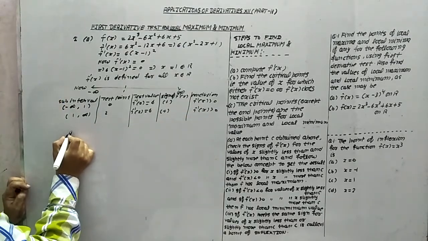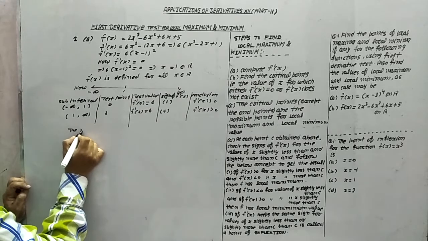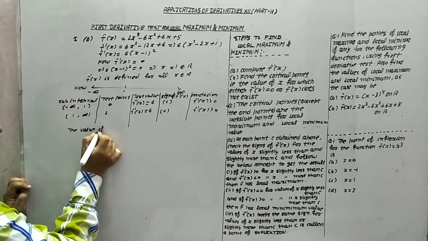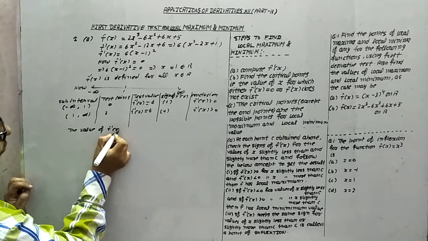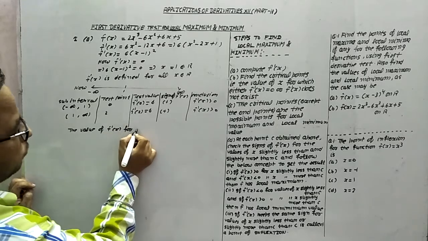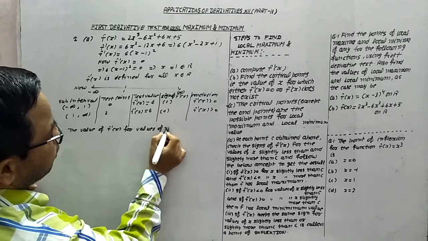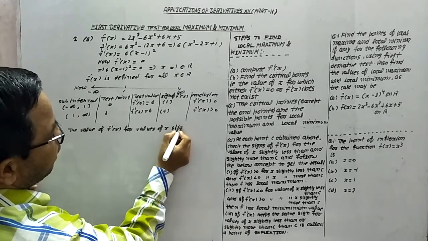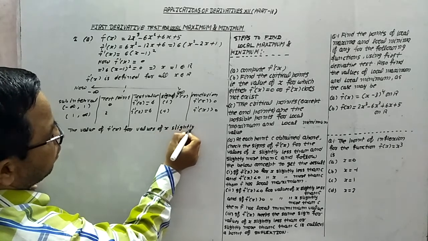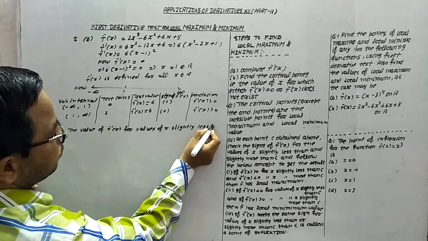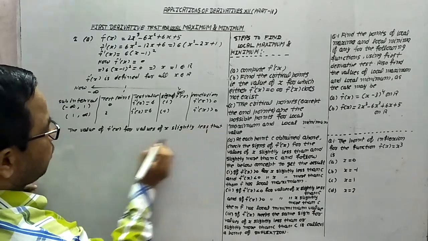Now here the value of f dash x for values of x slightly less than 1.